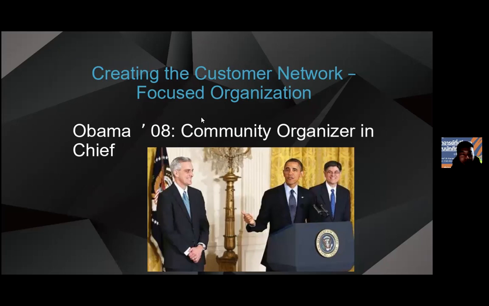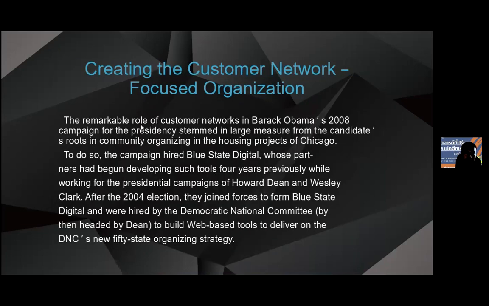The third example is Obama's 2008 community organizer in chief. The remarkable power of consumer networks in Barack Obama's 2008 campaign for the presidency stemmed in large measure from the candidate's roles in community organizing in the housing projects of Chicago.